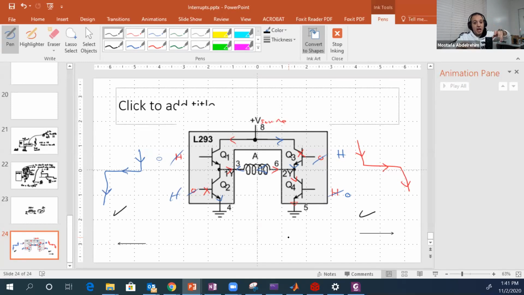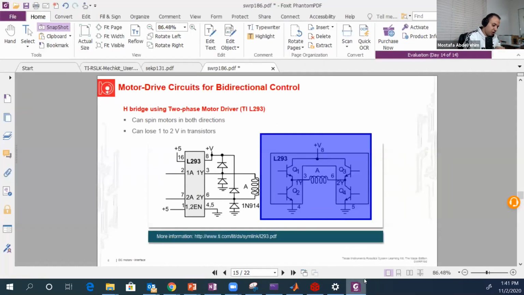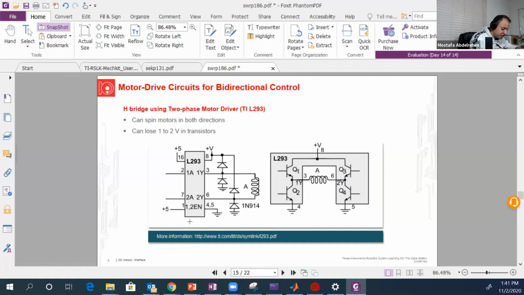So if for example the one on the board got broken, which can happen because the motor draws a lot of current, you can design your own circuit using the chips that you have right now, but of course it will be a separate circuit. Okay, so this is a chip that you have on the kit.